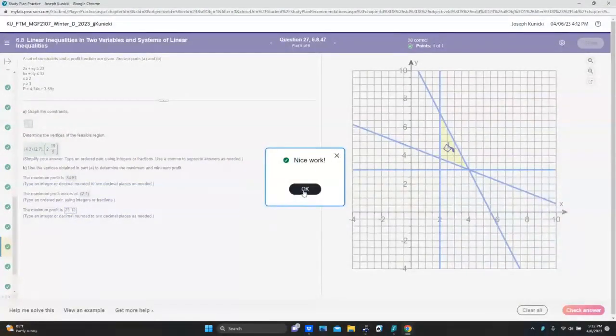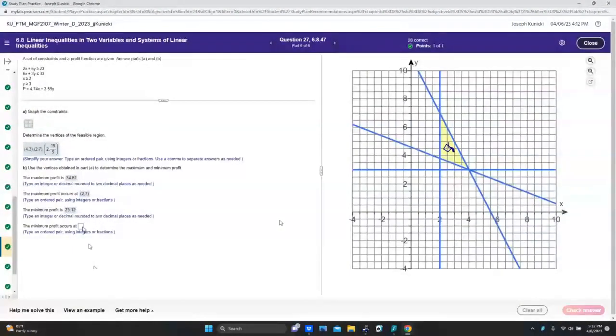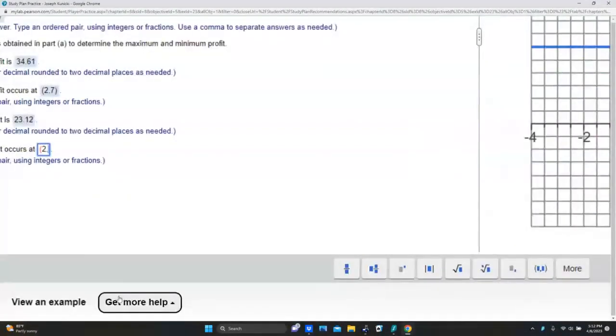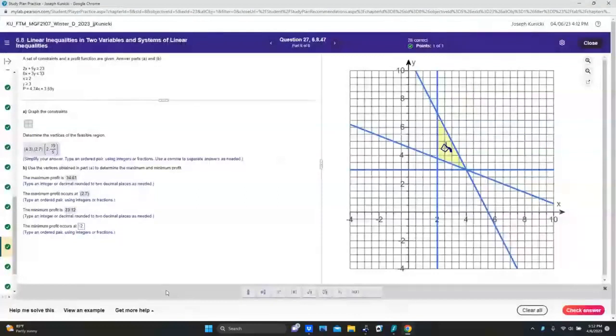And that was at the last point, which was 2, 19 tab 5 tab, parentheses.